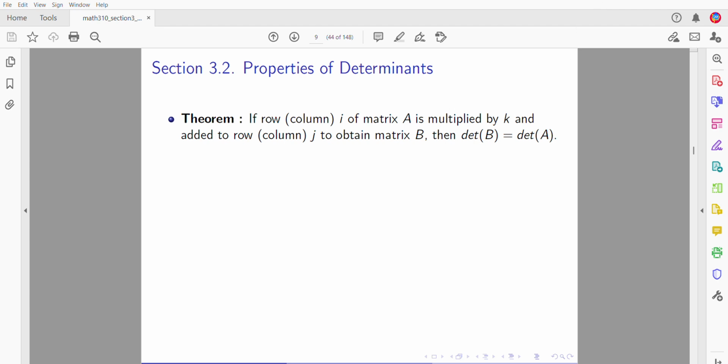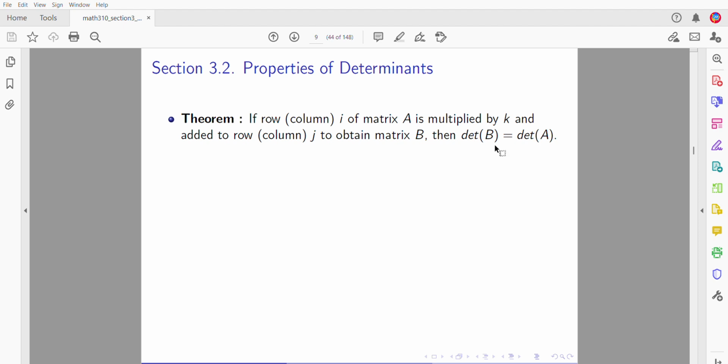Welcome back. Yet another property of determinant. If a row I of matrix A is multiplied by K and added to row J to form matrix B, then the determinant does not change.